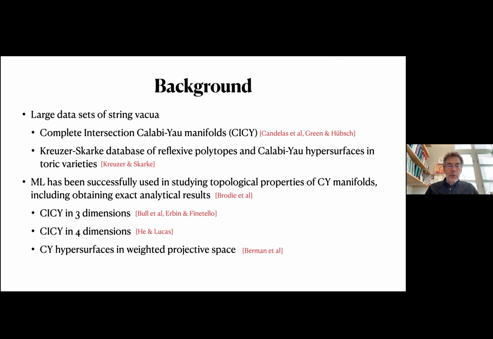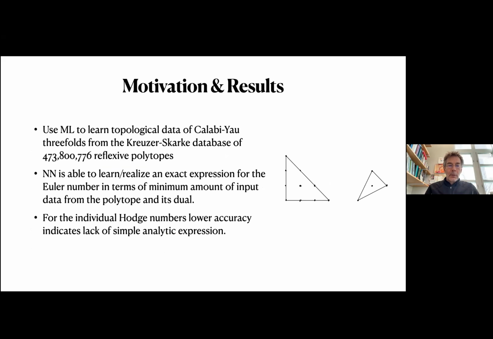This is one of the original classes from the late 80s, early 90s, which falls within the Kreuzer-Skarke database as special cases. So once again, here are the motivation and results in case you forgot about that.